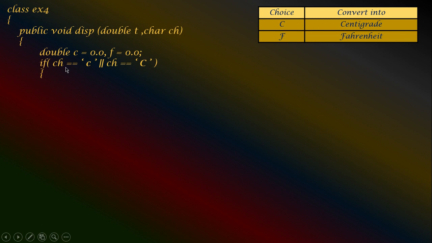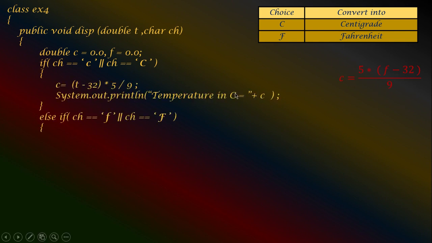So what we are checking in our choice variable is whether my choice is equal to small letter c or capital letter C, then my centigrade formula will be applied, which is this one. So this is formulated like this and we are printing. Okay.